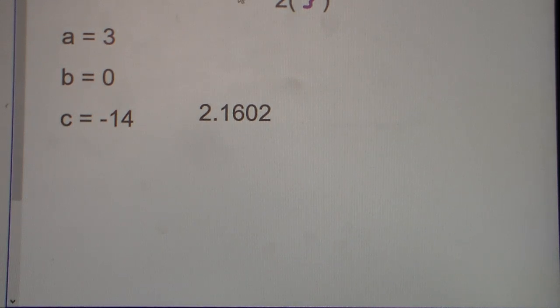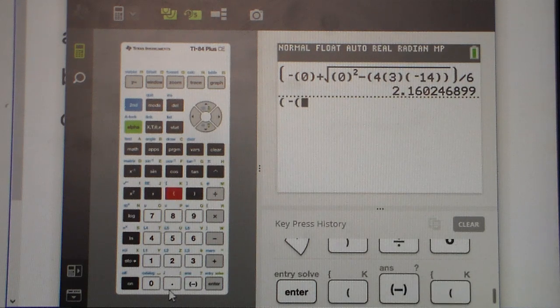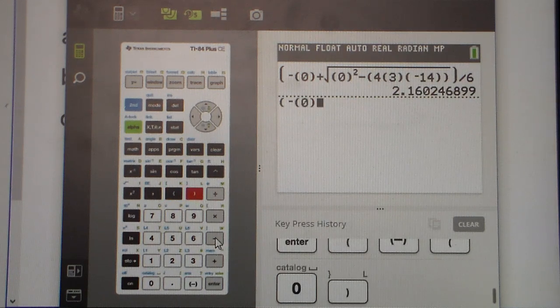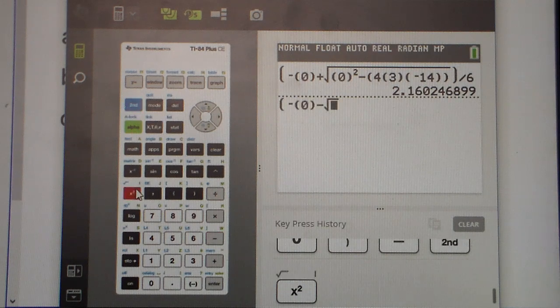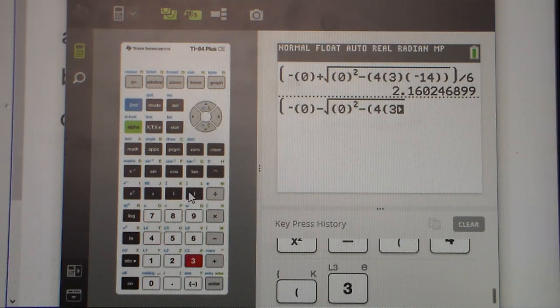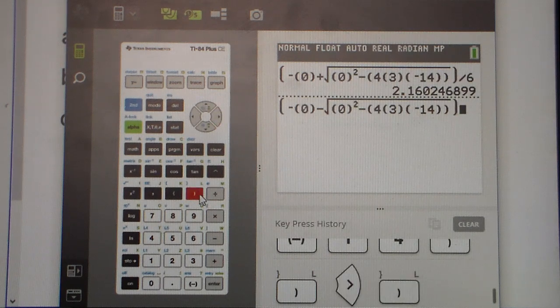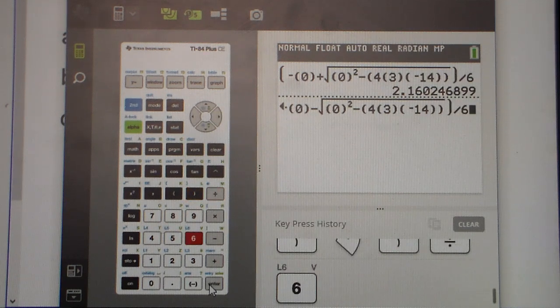Then we also have to do the minus sign. So we do the same thing. Parentheses, negative 0, minus sign, square root, parentheses 0 squared, minus 4 times 3 times negative 14, and divided by 6.